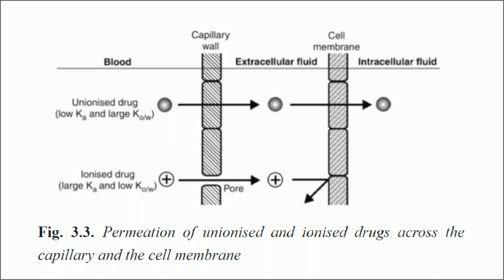The pores present in the capillary wall facilitate their entry, but unfortunately they will not be able to cross the cell membrane. The permeation of unionized and ionized drug across the capillary and the cell membrane has been shown in this figure.